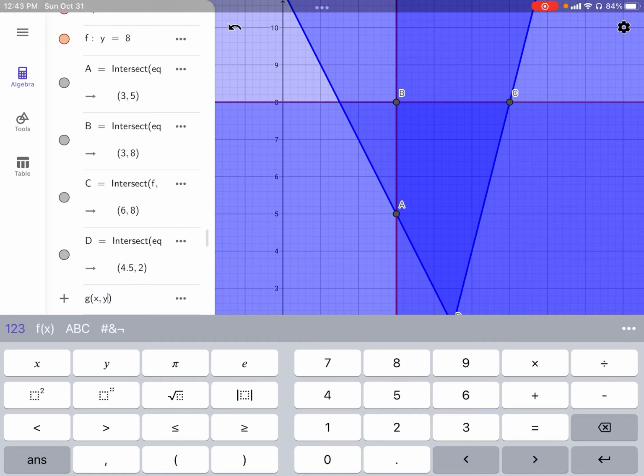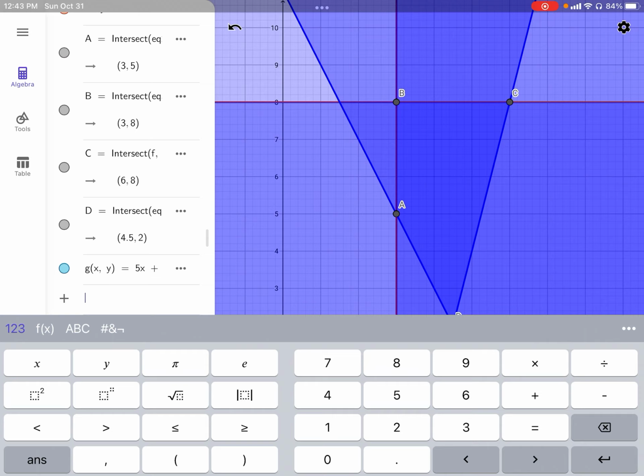Why is that? Because our objective function has x and y in it, right? It introduces a third variable, z. We could actually do z of x, y. I mean, it doesn't matter. Any new letter, G of x, y equals, it was 5x plus 2y. That is my objective function, right?